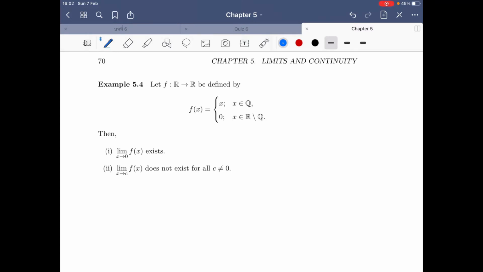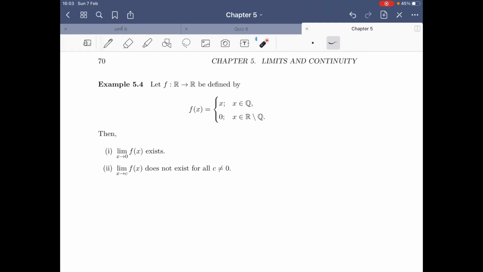So we need to conclude two things. The first thing is that as x goes to 0, the limit of this function f of x exists.